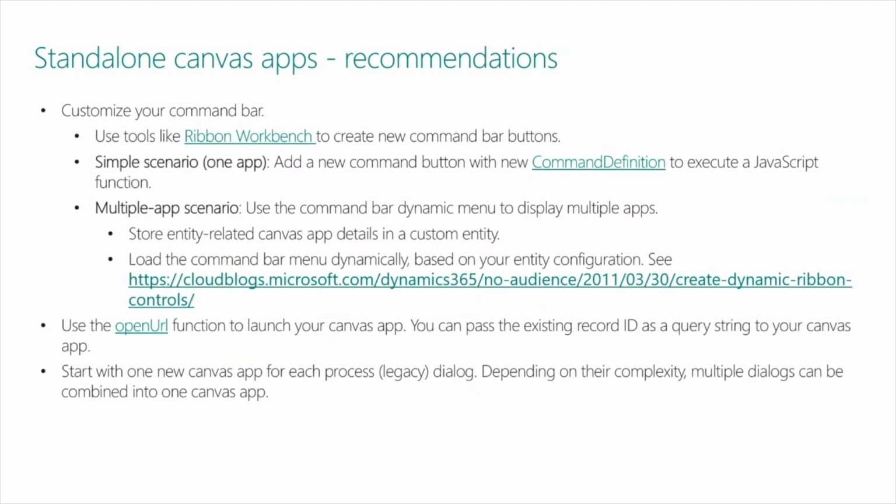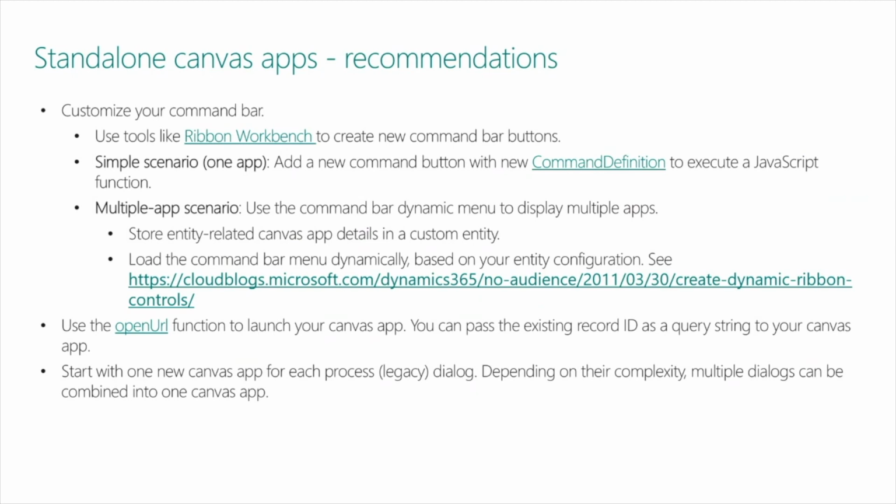Now, if you do have multiple dialogs and you would need multiple Canvas apps to meet the needs of your existing business requirement, you can use the command bar dynamic menu, which is the fly out menu, to display multiple apps. And you can also automate the configuration of this by having a custom entity where you can have the association between your Canvas apps and entities in Dynamics 365.